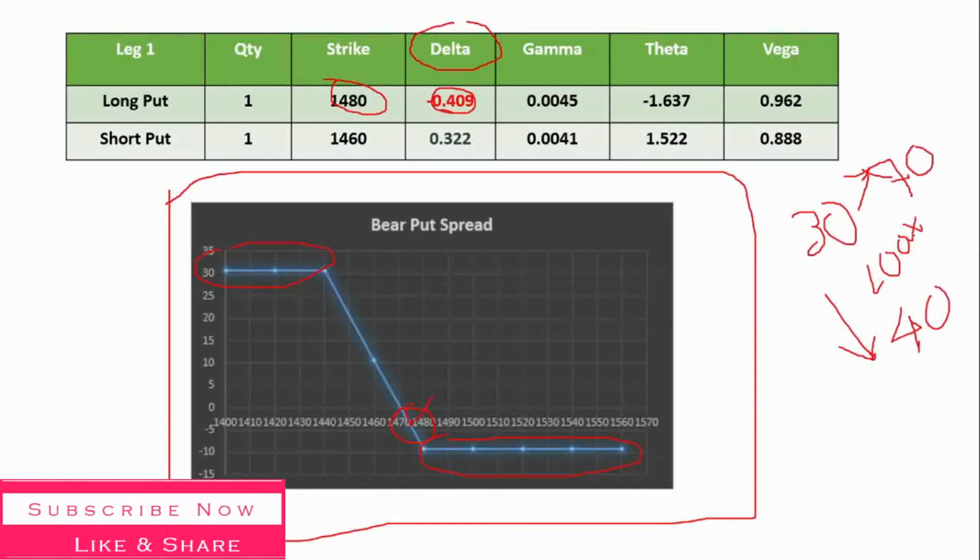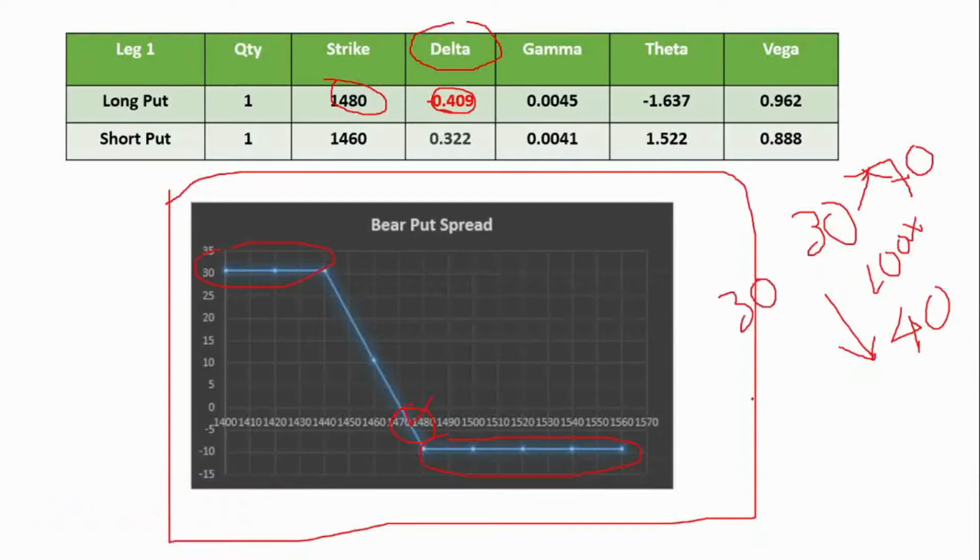Let me repeat it again. Assume our premium is 30 rupees at the 1,600 price level. If the price moves from 1,600 to 1,700, how much will the premium increase?